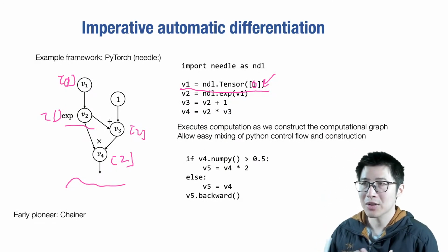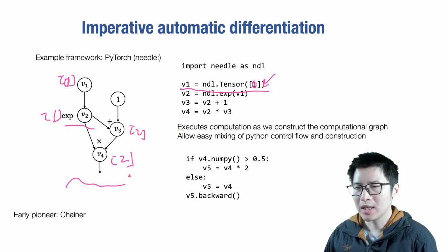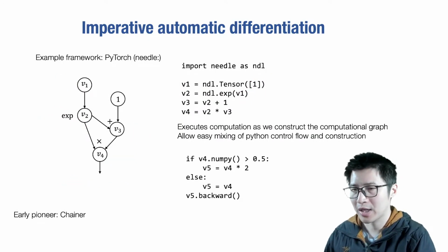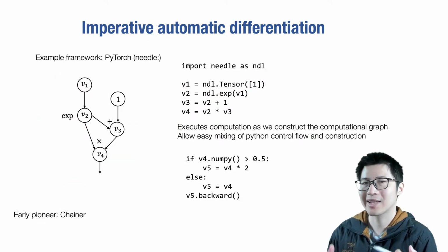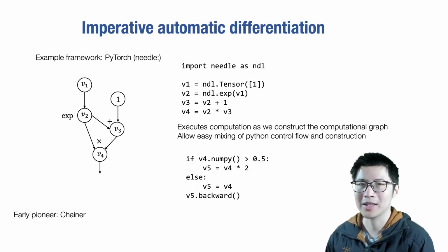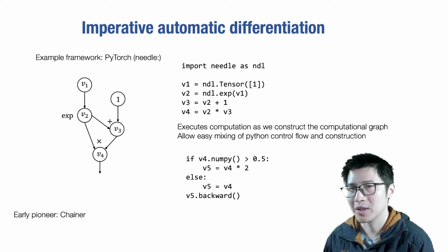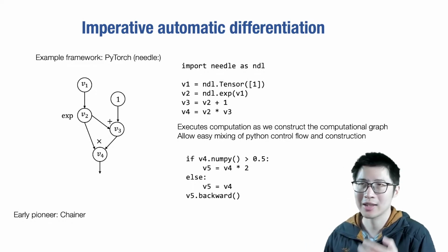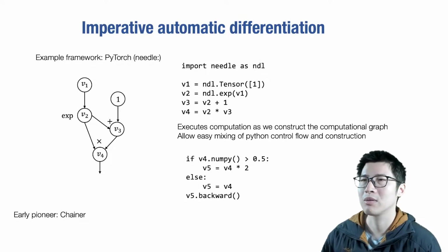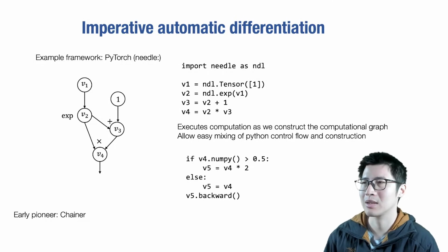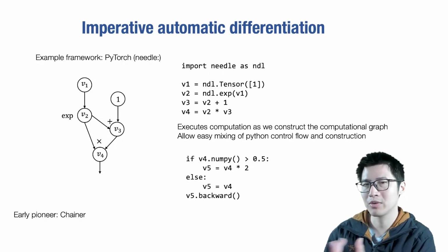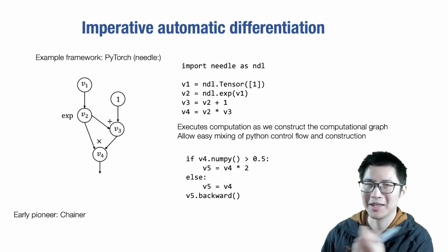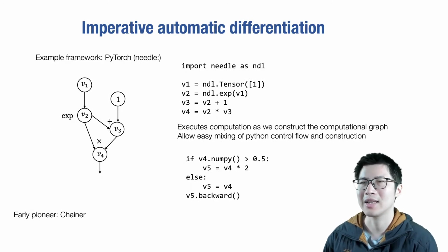So at each timestamp, not only are we constructing a computational graph, but we are also computing the data along the way. We have introduced the Needle implementation as well. We know that in certain cases we are eagerly evaluating that. In other cases, we are using this lazy tensor approach where you don't necessarily have to eagerly evaluate, but you will be able to lazily evaluate the computations and get the data out.